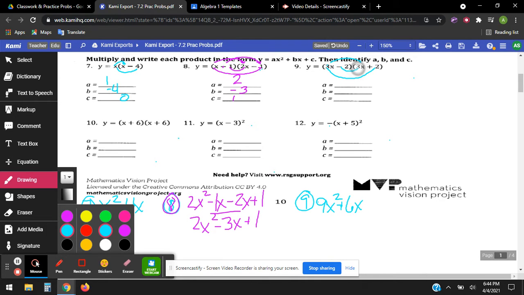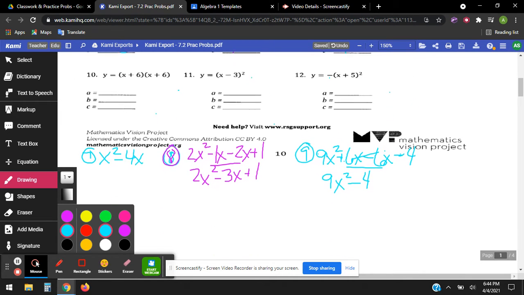Then I need to do the negative 2 times 3, which is negative 6x. Negative 2 times positive 2 is a negative 4. Combine these guys, 9x squared. 6 minus 6 is 0, so they actually cancel out, leaving me minus 4. So in this case, A is 9, B is 0, C is negative 4.